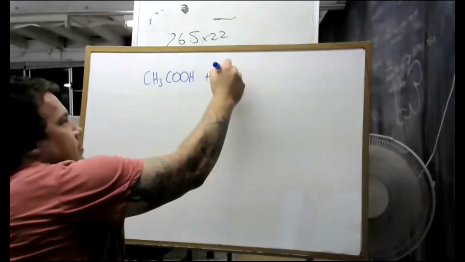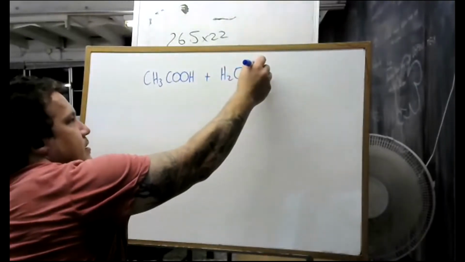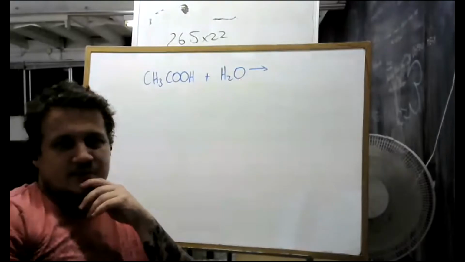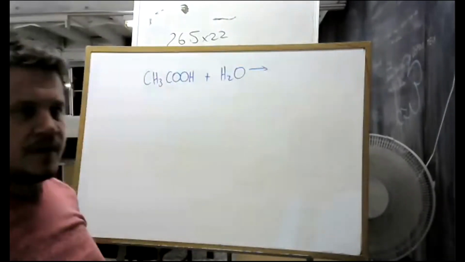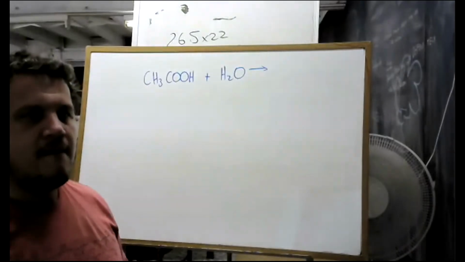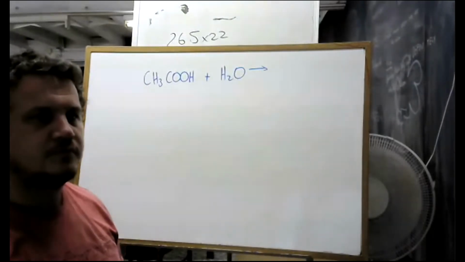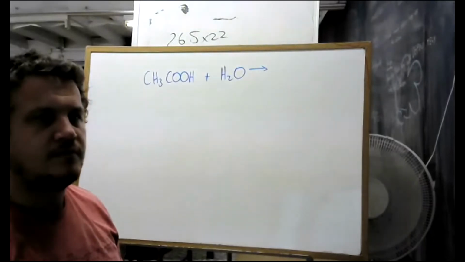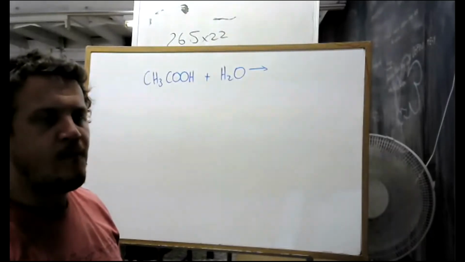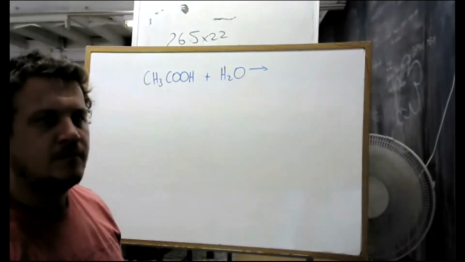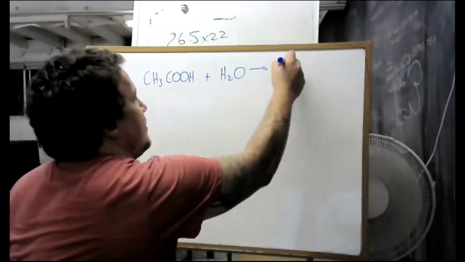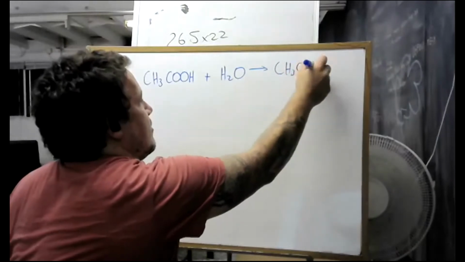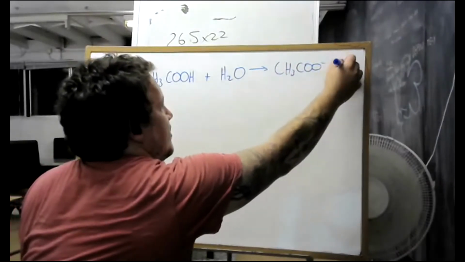So we add H2O, Kai. What does the methanoic acid produce? So we end up with CH3COO- and H3O+.